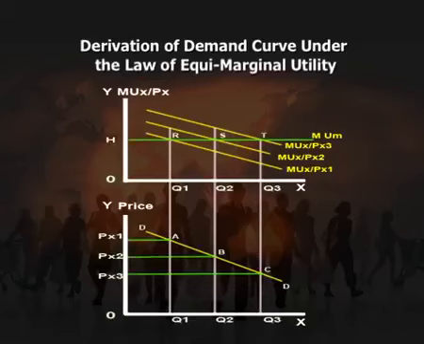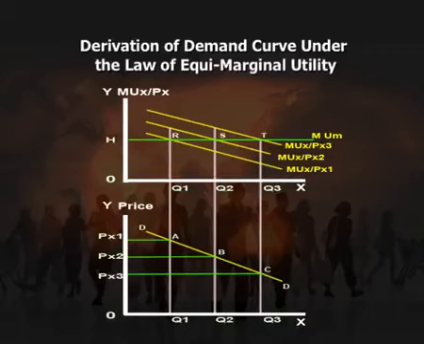In order to understand the derivation of the demand curve under the law of equimarginal utility, let us see in the diagram the demand for good X only. In the upper portion of the diagram, the y-axis represents the MU of money expenditure, that is MUX by PX, while the x-axis represents the quantity of good X demanded.